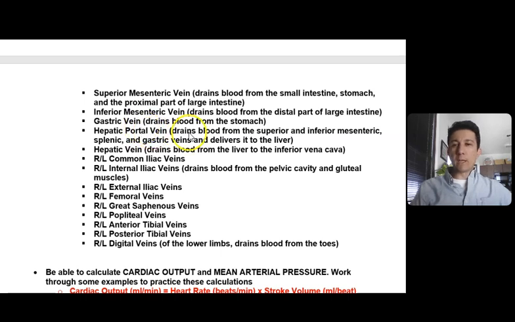The hepatic portal vein receives blood from the superior mesenteric, the inferior mesenteric, the splenic, and the gastric veins, and it drains it into the liver.